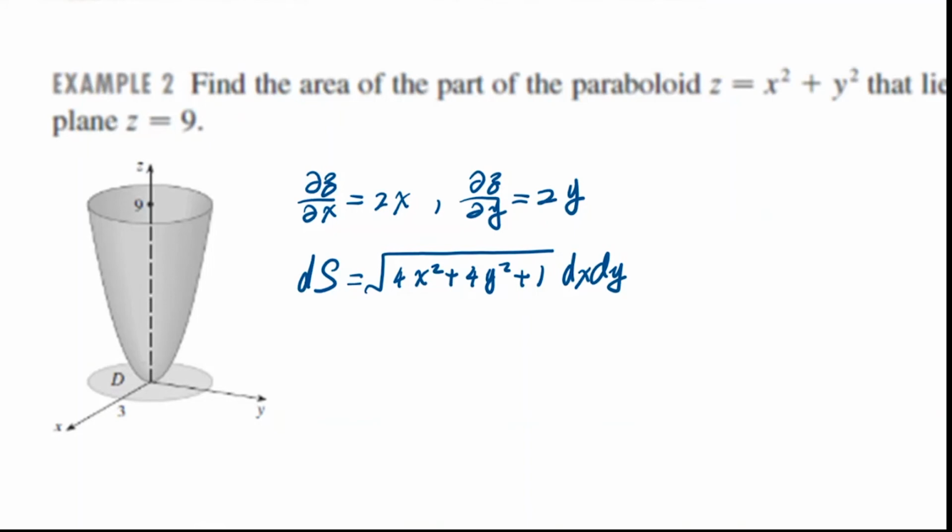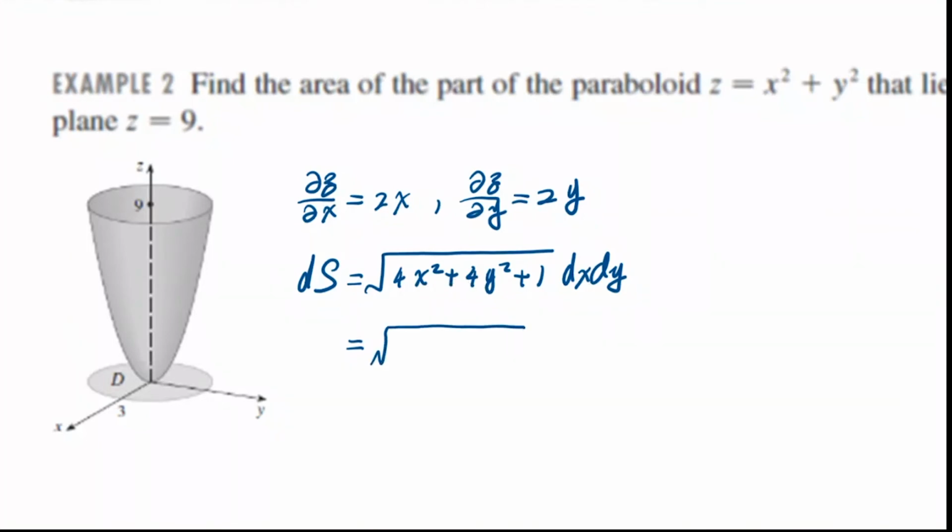Now, does it trigger your memory? Do you want to evaluate it like this in Cartesian coordinates, or do you want to convert it into, say, polar? Polar, of course, right? Oh, this is very nice polar coordinate stuff, isn't it?